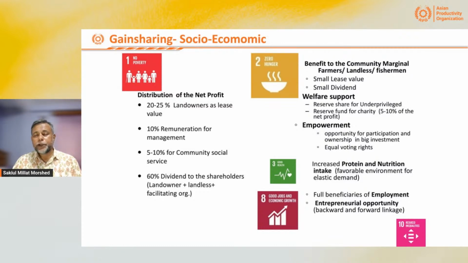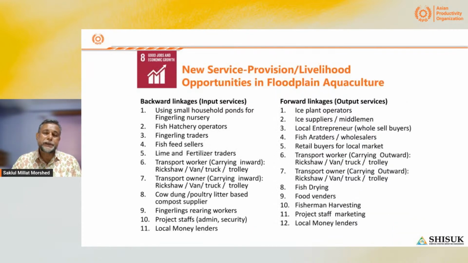And finally, one of the principles is to create purposeful employment and opportunity for the community, with priority for the community in the backward and forward linkages. That creates good jobs and economic growth in the community, which addresses SDG 8. And as a whole, this income augmentation and equity share contribute to reducing inequality in the community. SDG 10 is there.